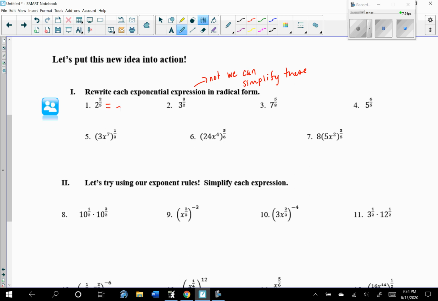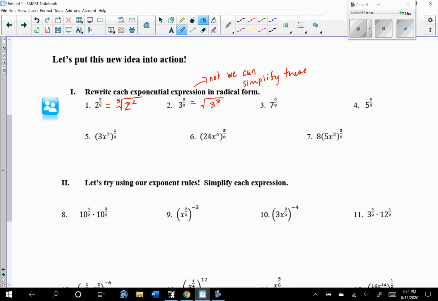So this would be the 5th root of 2 squared. And this would be equal to the square root. And usually if you have an index of 2, you don't write it. So of 3 to the power of 3.